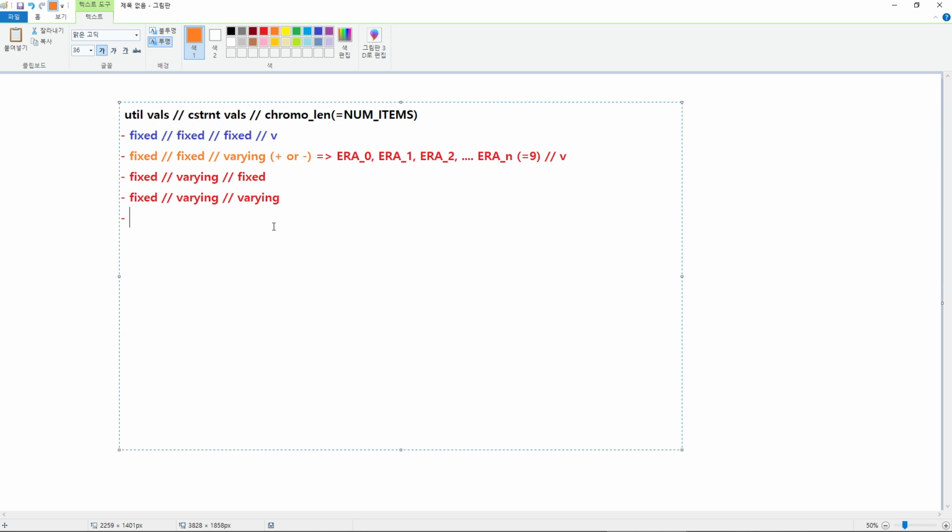Fixed, varying, fixed, varying. No, actually, just one varying each.